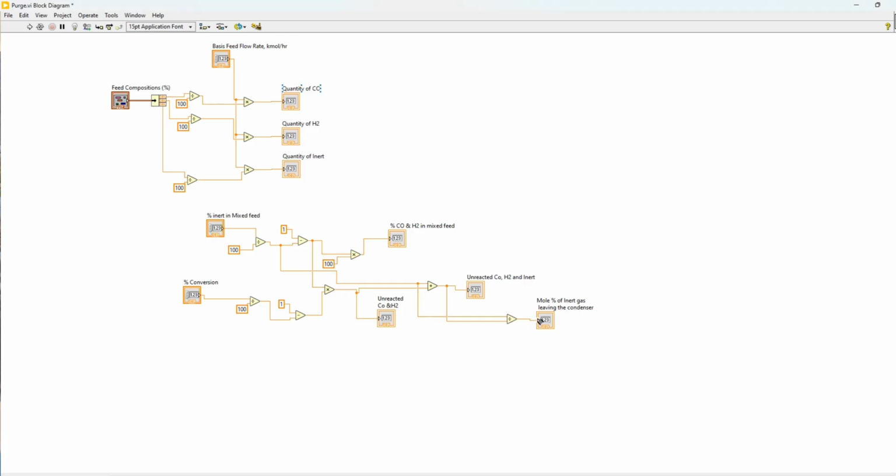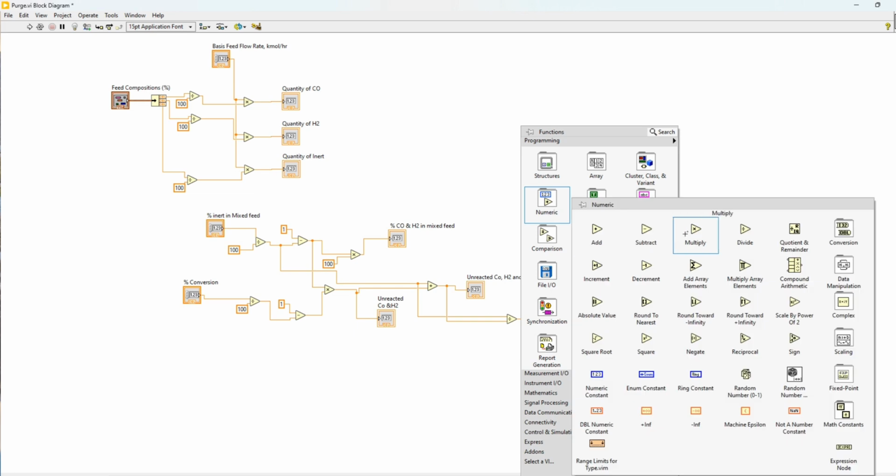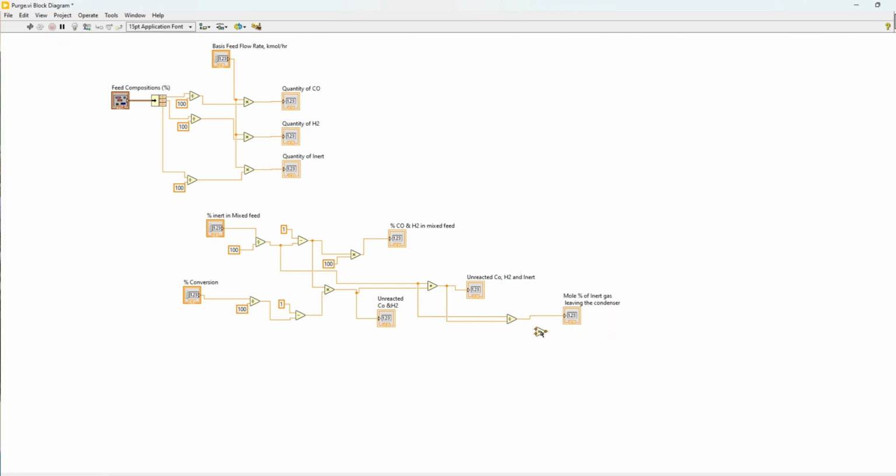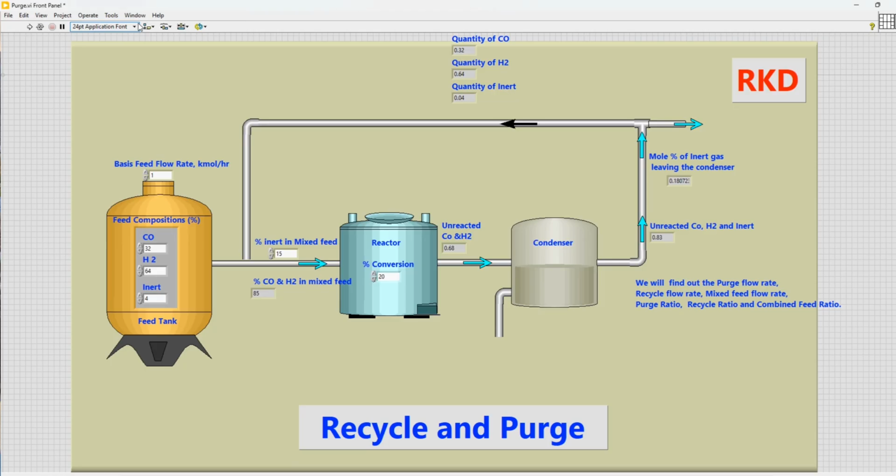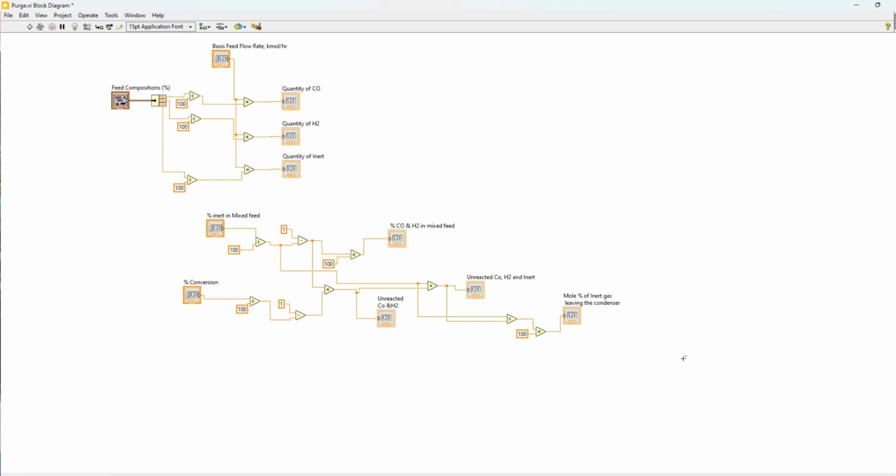So for that, what we have to do, multiply this one and connect to this. So now this will give us percentage. Okay, right. So now this is given as percentage. So that means 18.2 something percent mole percentage of inert gas.